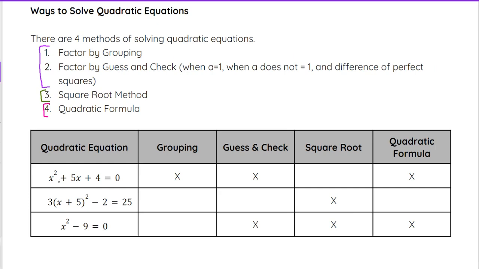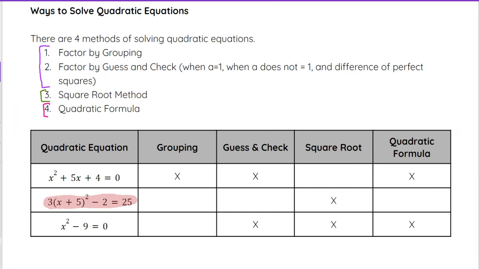The first one I gave you, x squared plus 5x plus 4 equals 0, could be factored by grouping, factored by guess and check, or we could use the quadratic formula on that. We cannot use the square root method on that one. Now, the middle one that was not in standard form is in what we call vertex form.